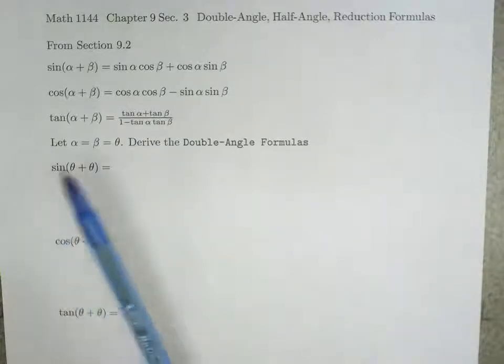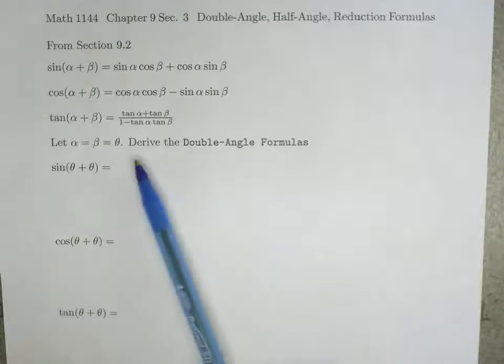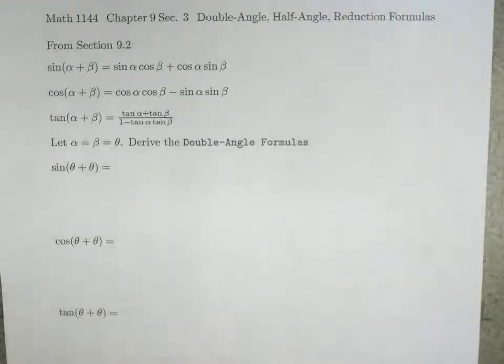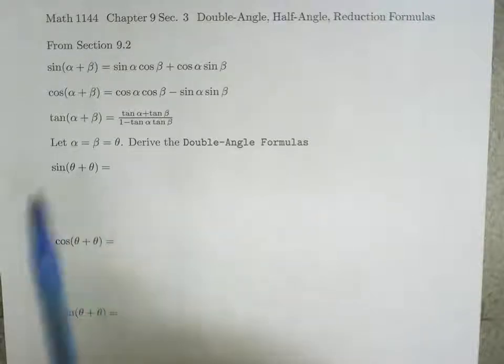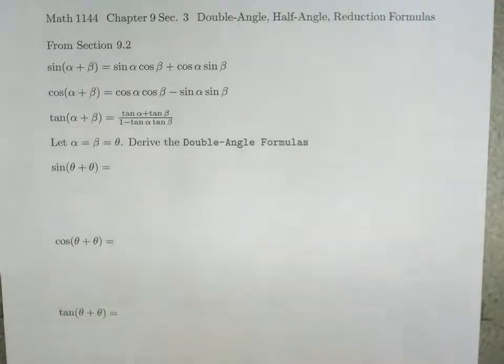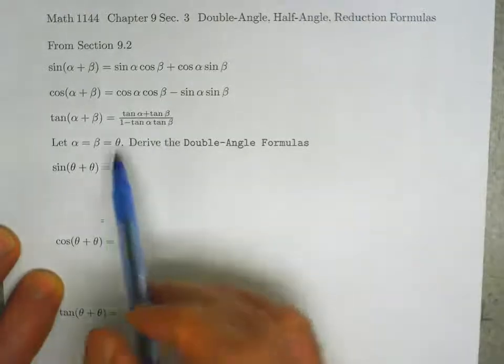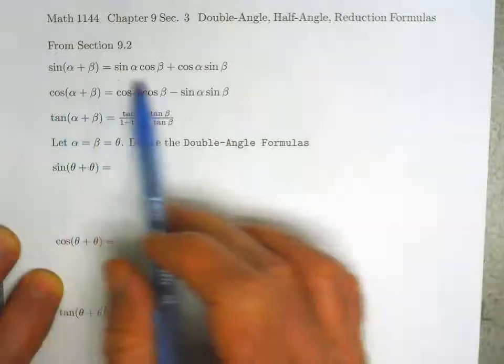So we're going to derive some double angle formulas. Sine of theta plus theta, or sine of 2 theta. So we just use the sum formula for sine.